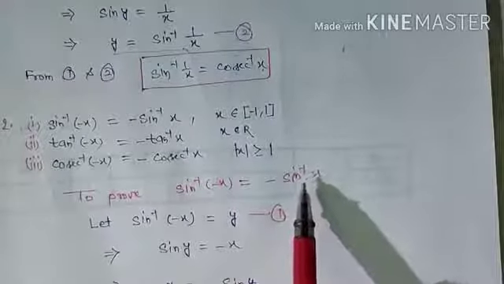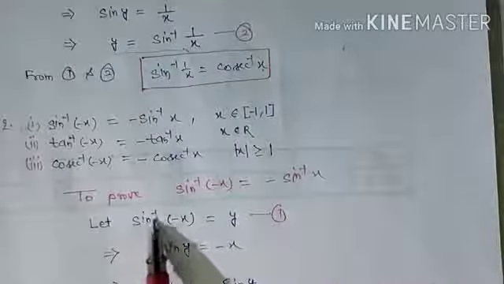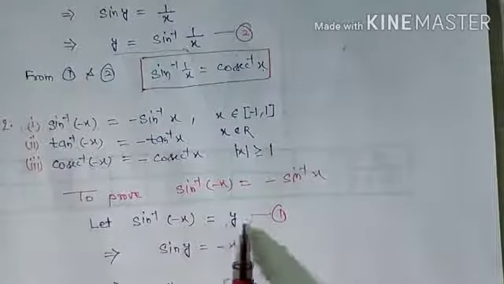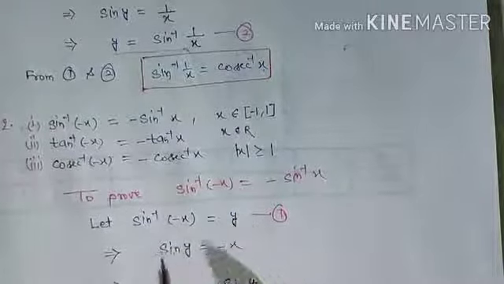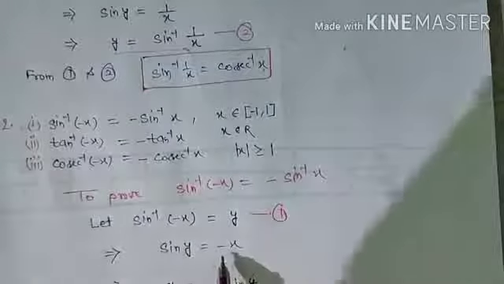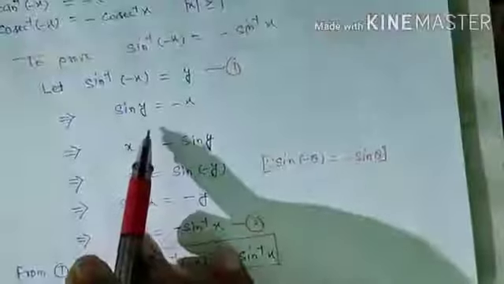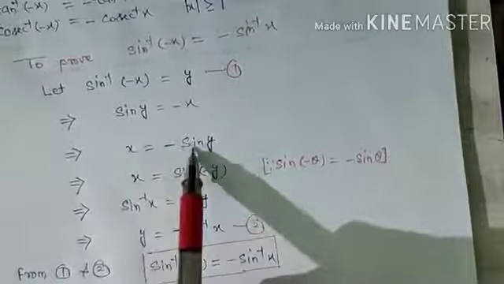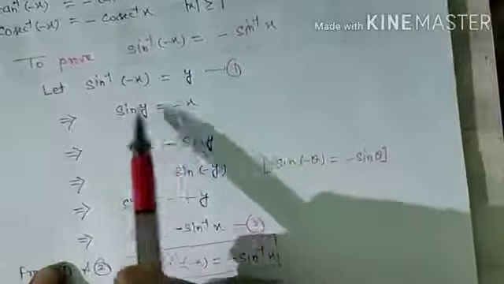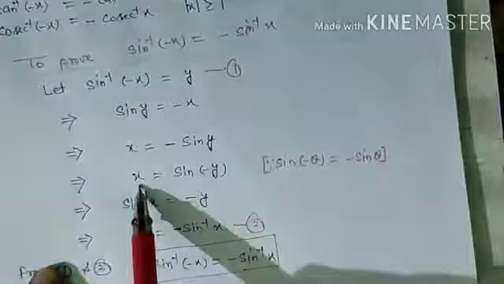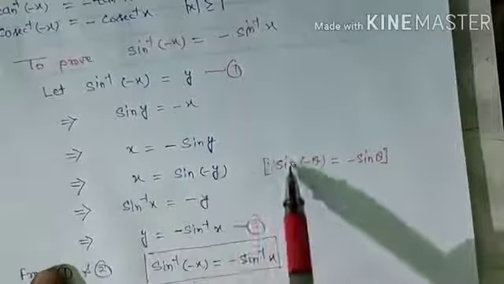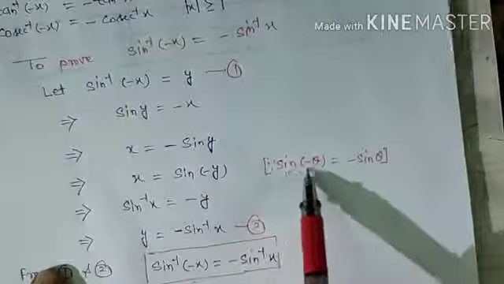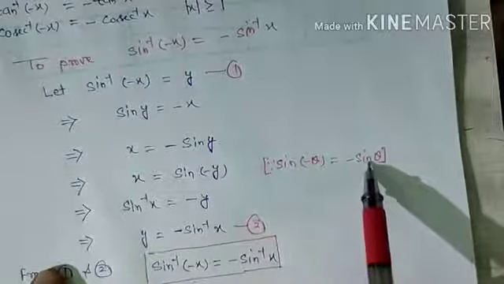So for that, what we have to do: let sin inverse of minus x equal y, and I can shift this sin inverse to the other side. It will be sin y equals minus x. Now x will be equal to minus sin y. If I shift this minus to the other side, then x will be equal to sin of minus y, because we know the formula sin of minus theta is equal to minus sin theta.